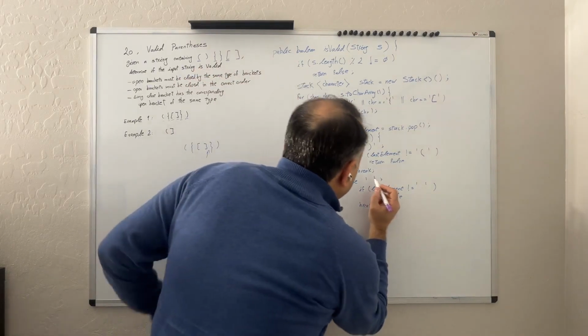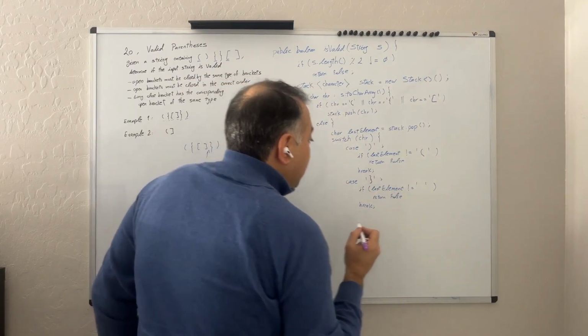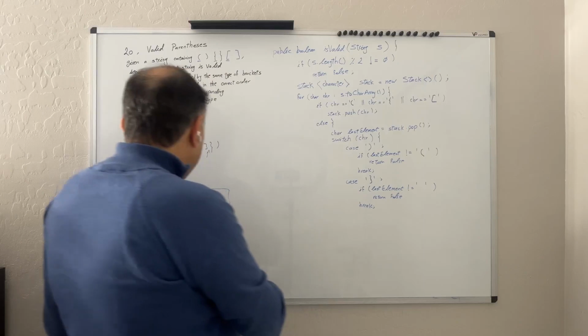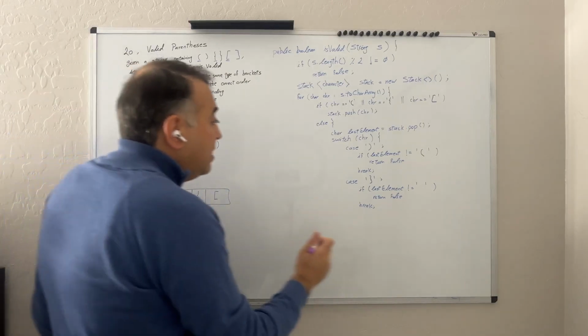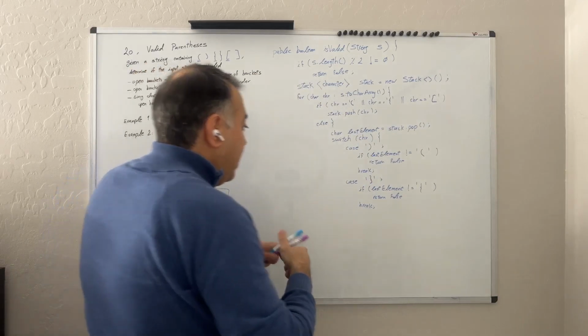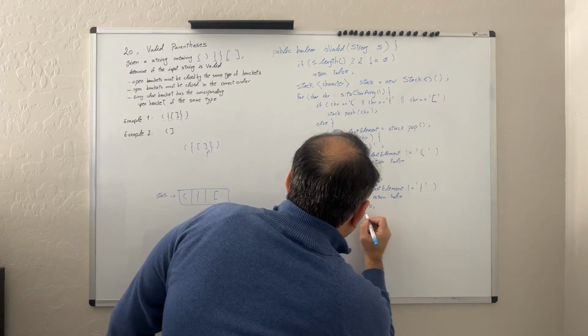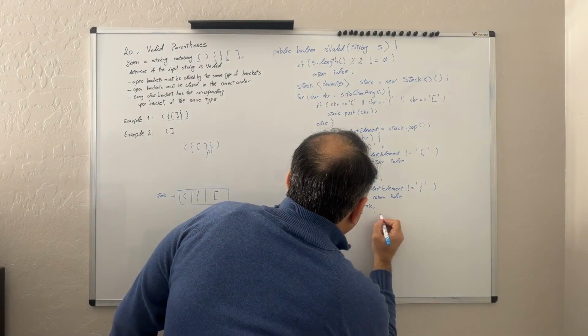For example, for the brace: if I'm checking the close brace, is the last element in the stack the open brace? And for the last character, I need to do the same check.